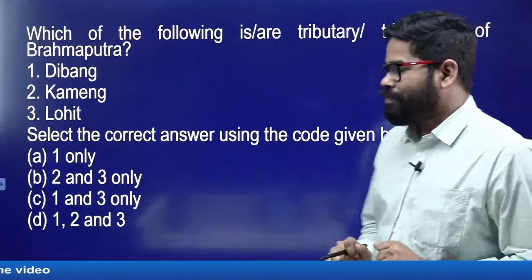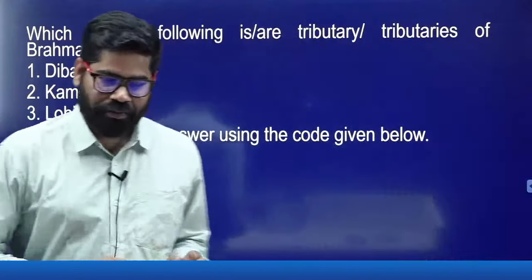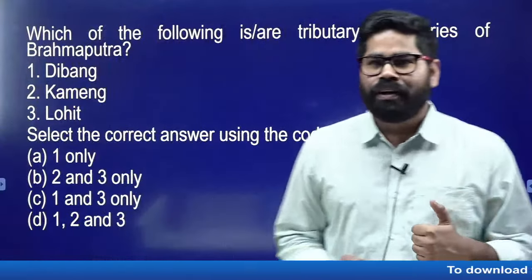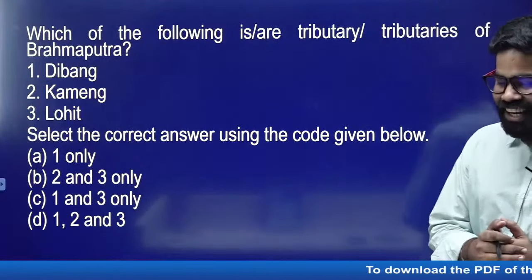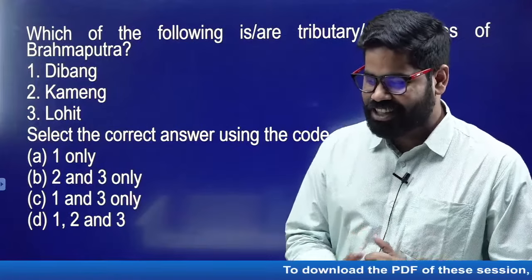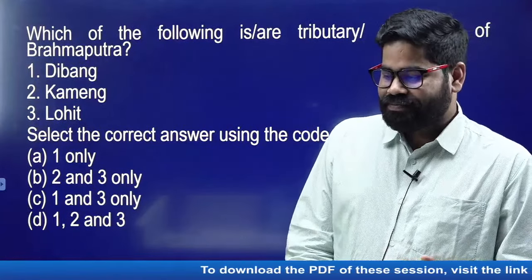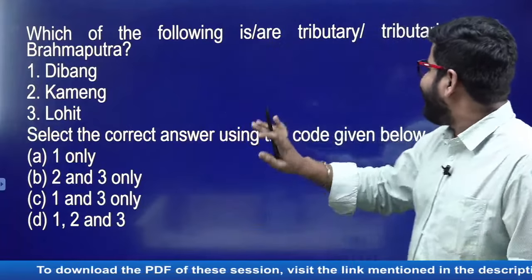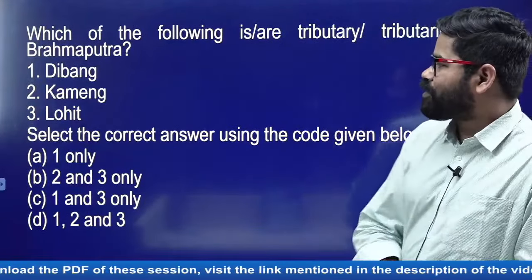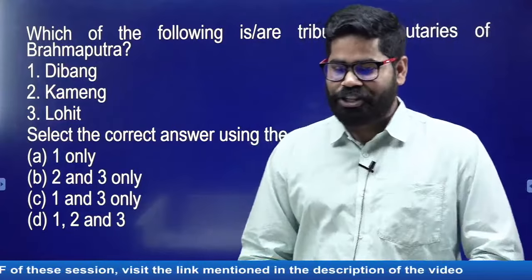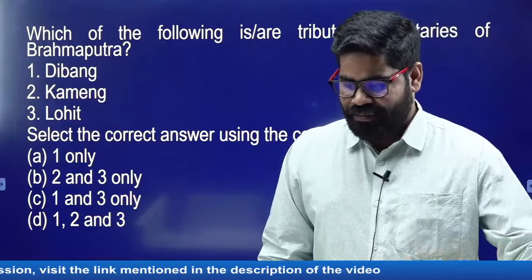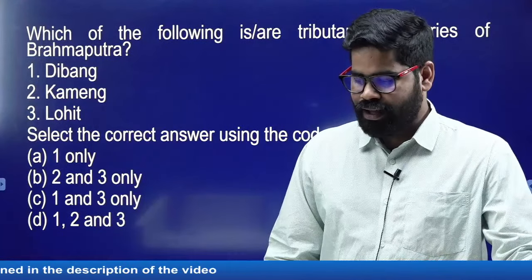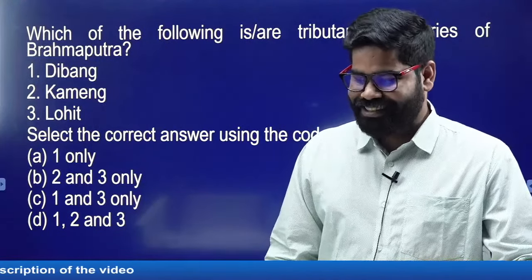Yes, good afternoon. Then this was a very easy question. Which of the following are the tributaries of river Brahmaputra? I think all of you know the answer of this one. Can you tell me which of the following are tributaries of Brahmaputra? A very easy question.